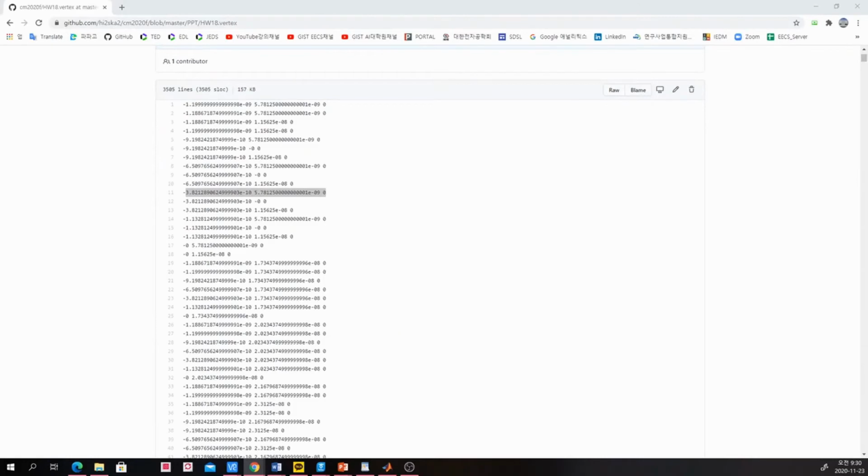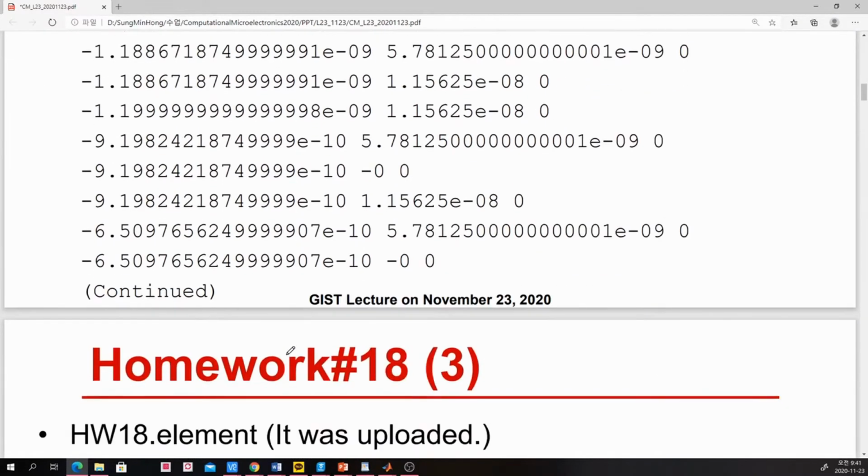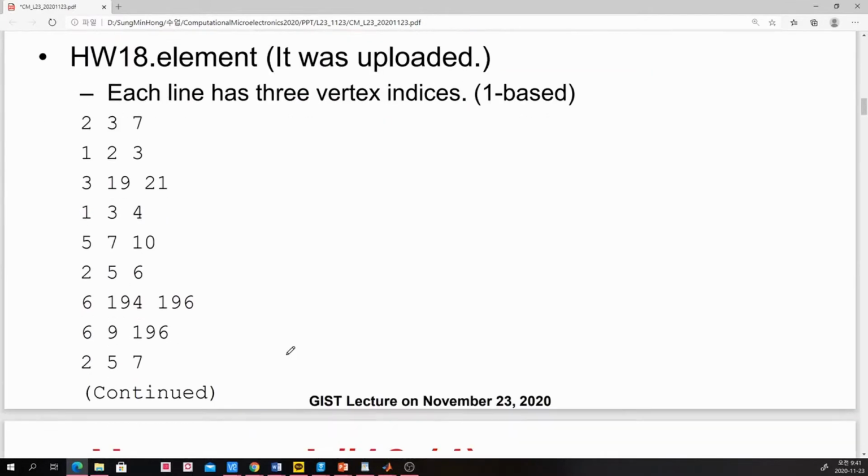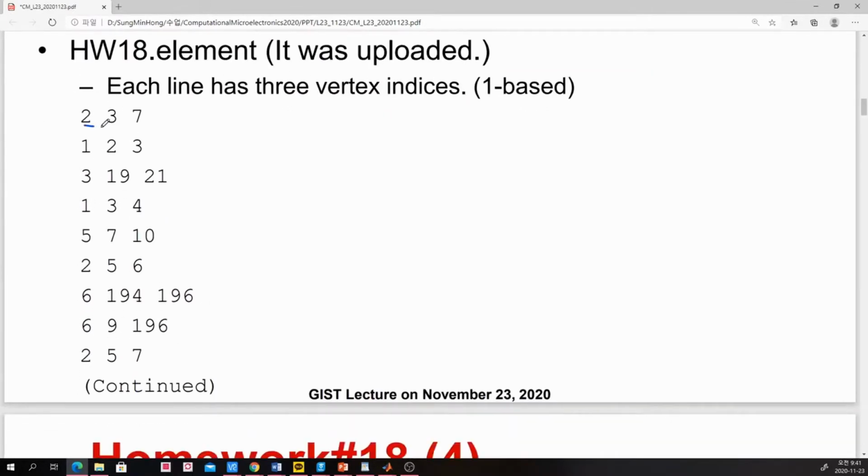There is no magic, but by continuously reading the vertex file and element file, you can access full information about this structure. Let me wrap up homework number 18. Each number corresponds to the index of your vertex.